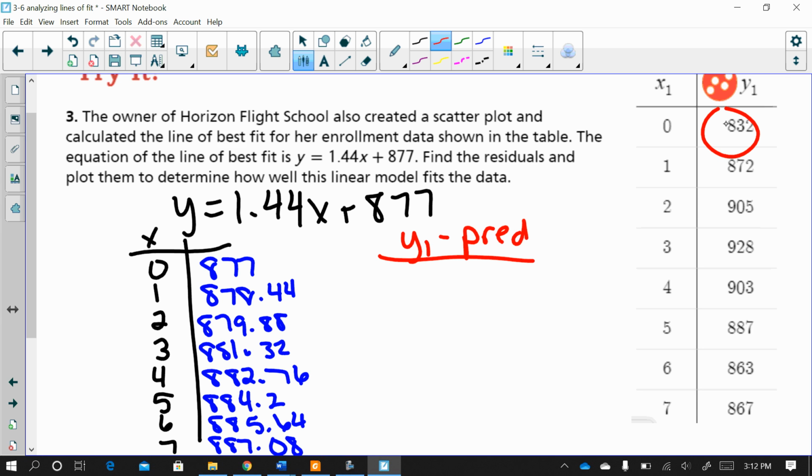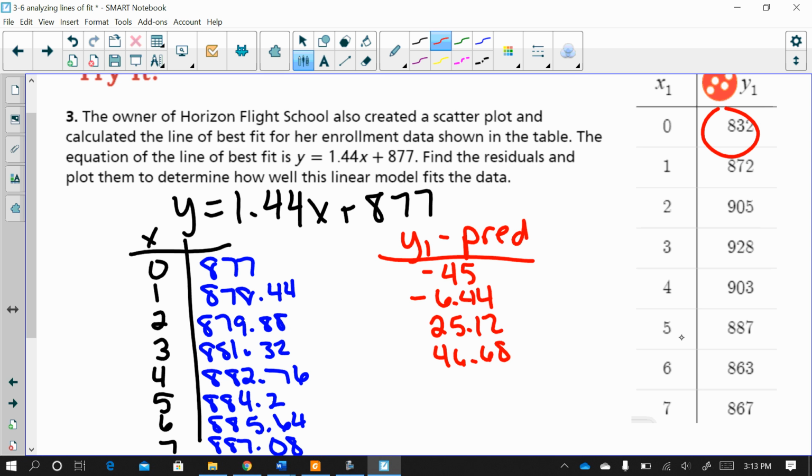So 832 minus 877 gives me negative 45. 872 minus 878.44, I get negative 6.44. 905 minus 879.88, I get 25.12. Okay, 928 minus 881.32, I get 46.68.